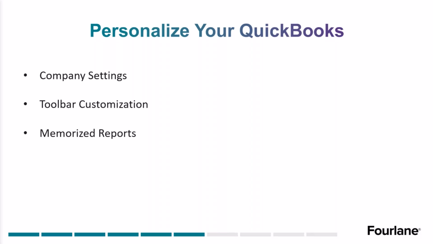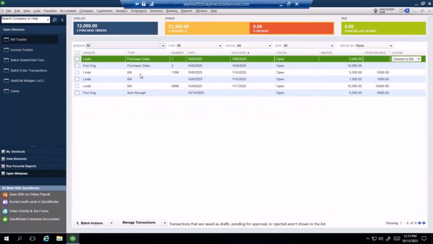Moving into some personalized things that you can do for your QuickBooks settings itself when you're inside of the system are company settings, toolbar customizations, and then memorized reports. In QuickBooks, there's two areas for company and personal preferences.